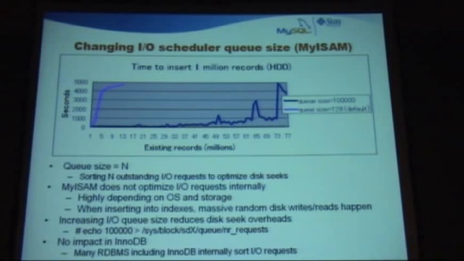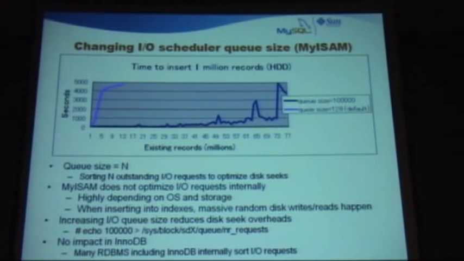Next, changing the IO scheduler queue size. What is the IO scheduler queue size? The IO scheduler queue sorts outstanding IO requests to optimize disk seeks. By setting the queue size to n, it sorts n outstanding IO requests to optimize disk seeks.